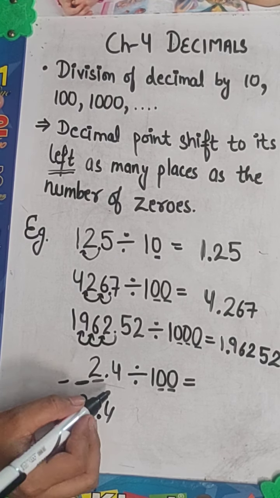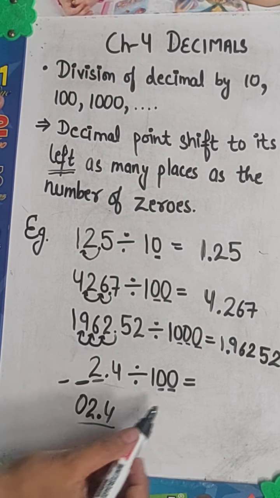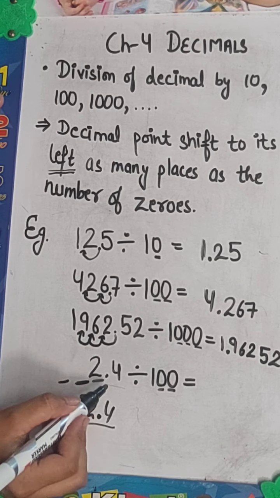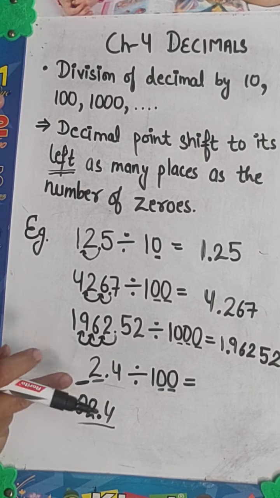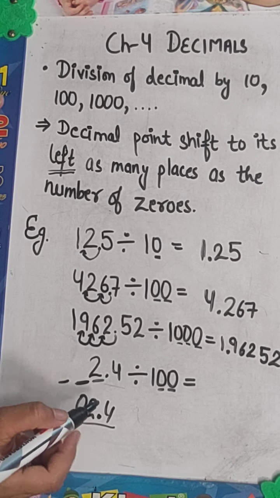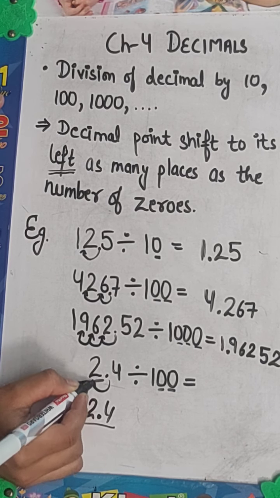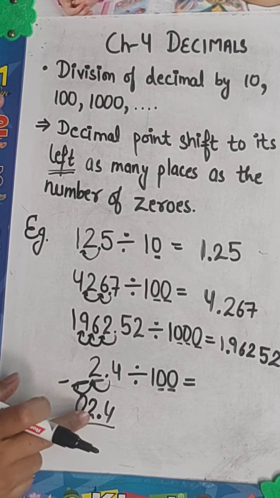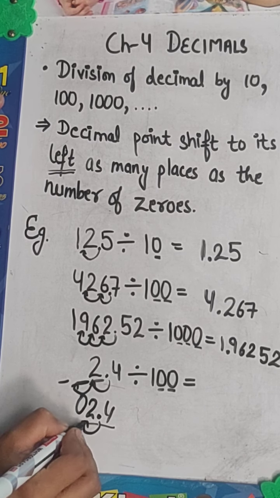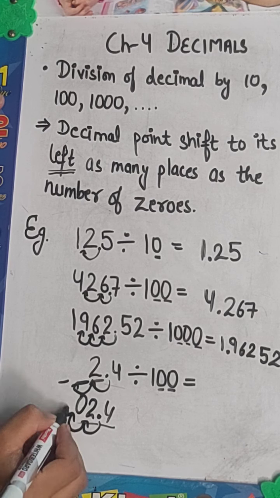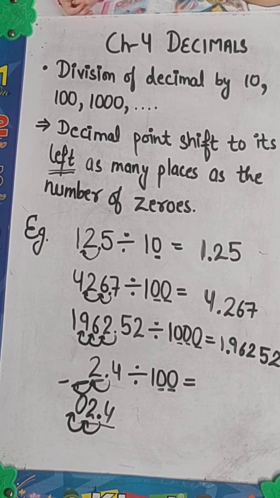These are the same number. If I write it like this, then shifting will be easy. So look here everyone. Now in this case we have to shift the decimal place 2 digits to the left. Shift it 1 place and after that 2 places. Means this is the first place and this is the second place. Means before 0 we have to put the decimal.